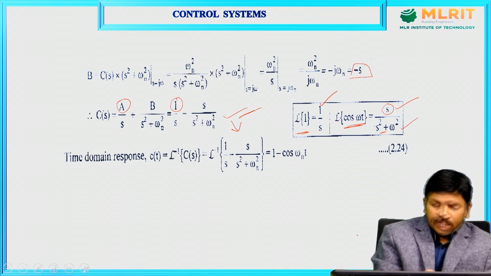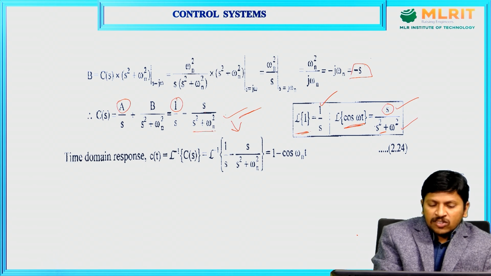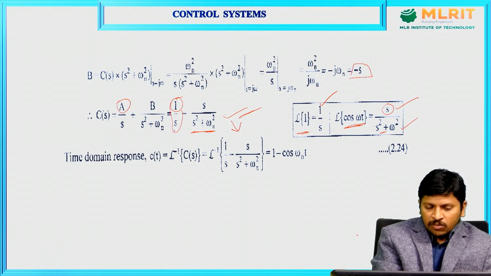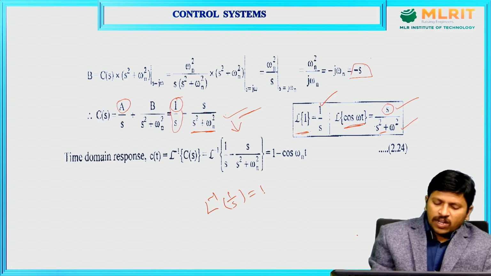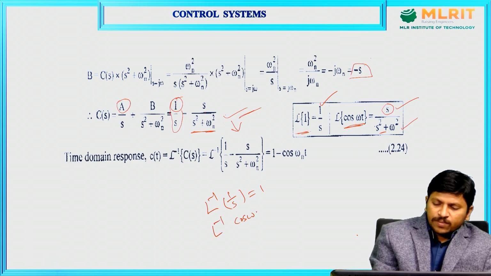Just observe here, S divided by S square plus omega n square. This comes under cos omega t. And 1 by S, after inverse Laplace in the time domain, is nothing but 1. Inverse Laplace of 1 by S equals 1.